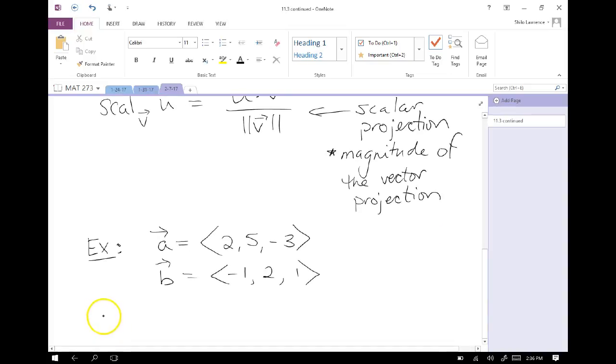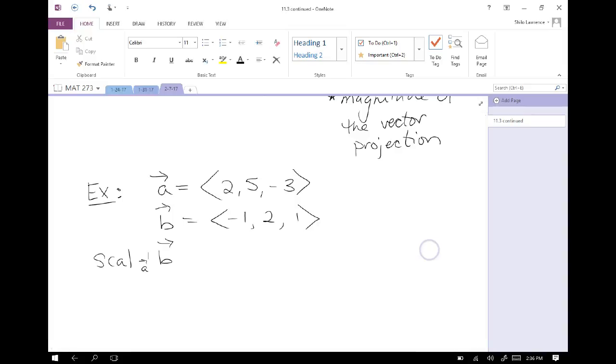We are going to find the scalar of B onto A and also the vector projection of B onto A. So which vector is in which position is really important. We're going to dot them in the numerator, and that doesn't matter which one is which.